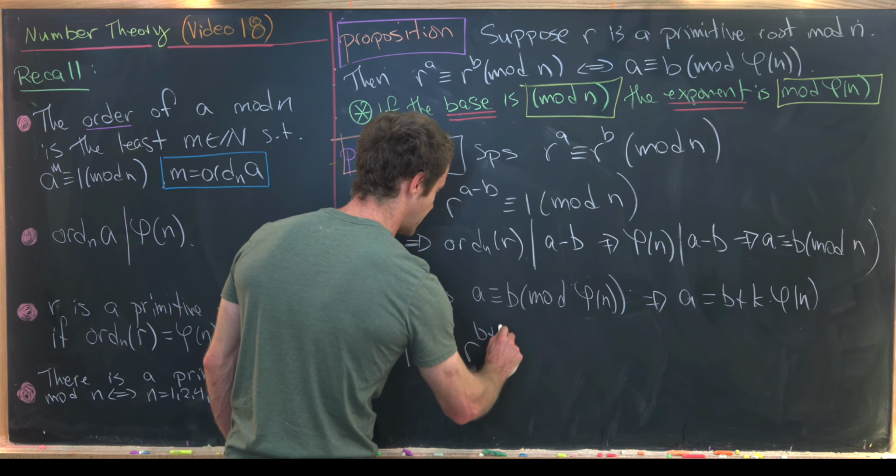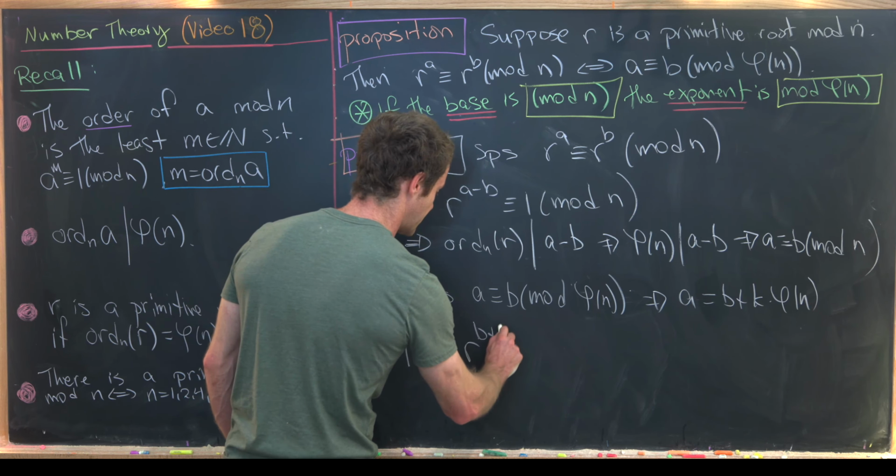Recall we had a test for finding primitive roots mod p in the last video, and that involved looking at the prime divisors of p minus 1. Let's notice that only 2 is a prime divisor of 17 minus 1 equals 16, because 16 is a power of 2.